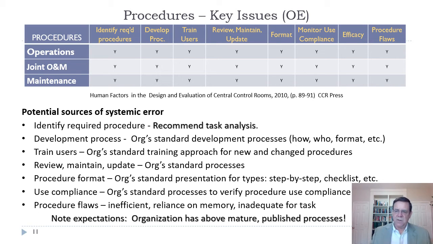So now think about a SIL3 system, and let's say someone wants to develop procedures and training. Well, if they don't have mature and published processes, to be honest, they're not competent to do these, because now you don't have any assurance that what they produce is going to meet the efficacy requirements for a SIF.